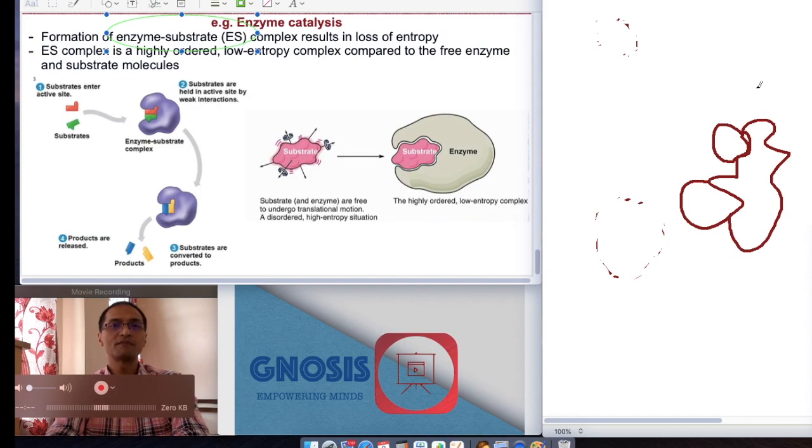So these two examples that I've just discussed, the example of photosynthesis and the example of enzyme catalysis, are two very classical examples that help us to understand how the first law and the second law of thermodynamics function in biological systems.